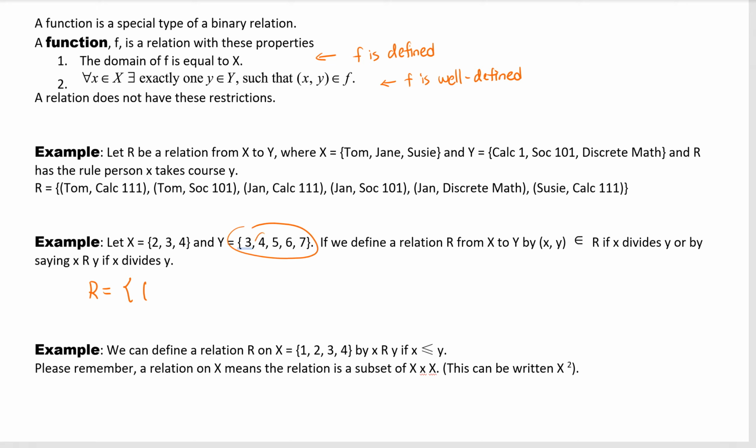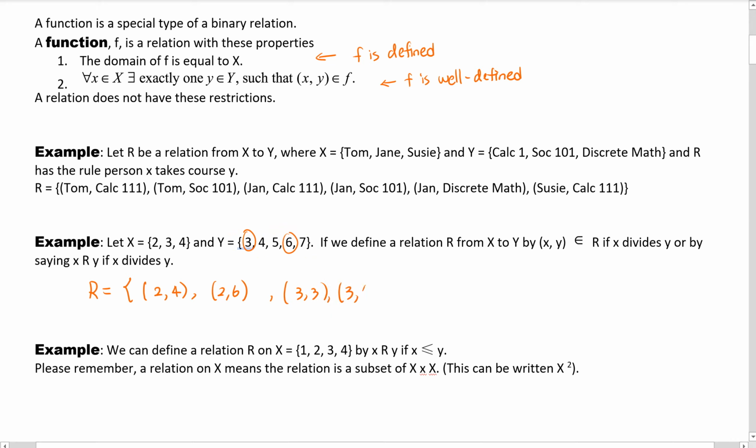Well, 2 divides 4 and 2 divides 6, so we have (2, 4) and (2, 6). How about 3? 3 divides 3 and 3 divides 6, so we have (3, 3) and (3, 6). And then 4 can only divide 4, right? So this is the relation R.